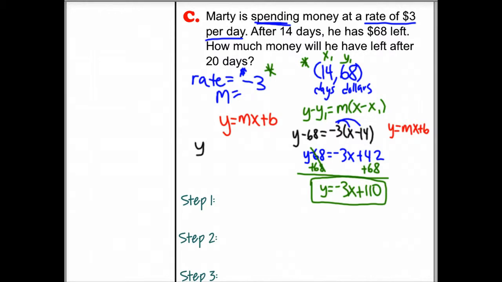So we have y equals negative 3 times 20 plus 110. So y equals negative 60 plus 110. So y would equal 50. And what that means is $50.